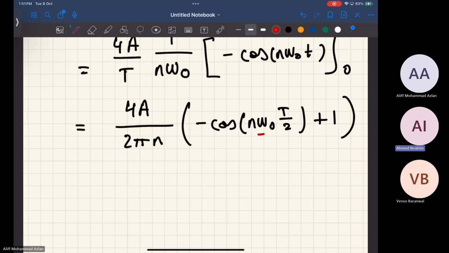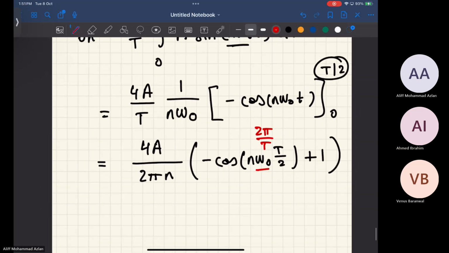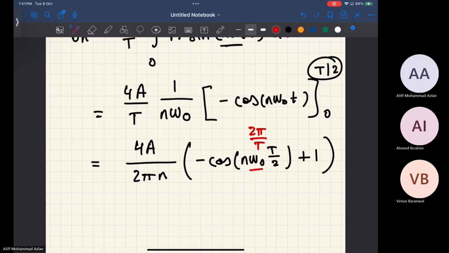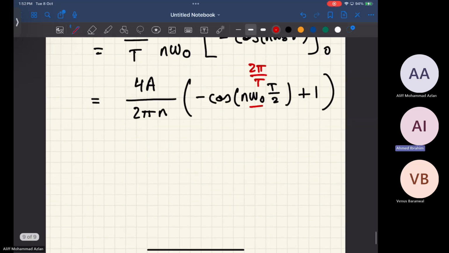Again, here, this is just 2 pi on t. So the t's are going to cancel, and the 2's are going to cancel as well. Did I do something wrong? That's fine.